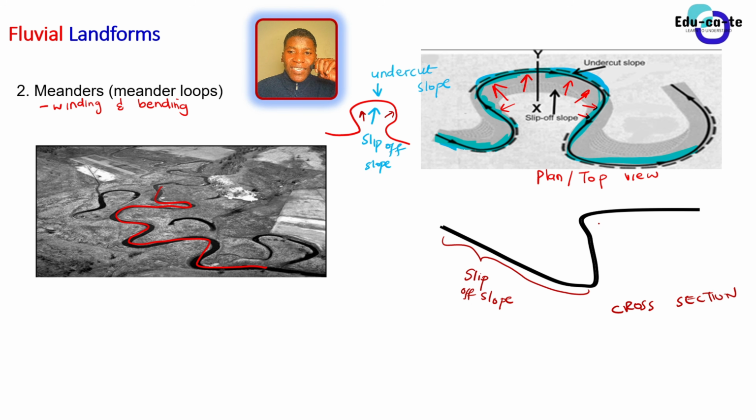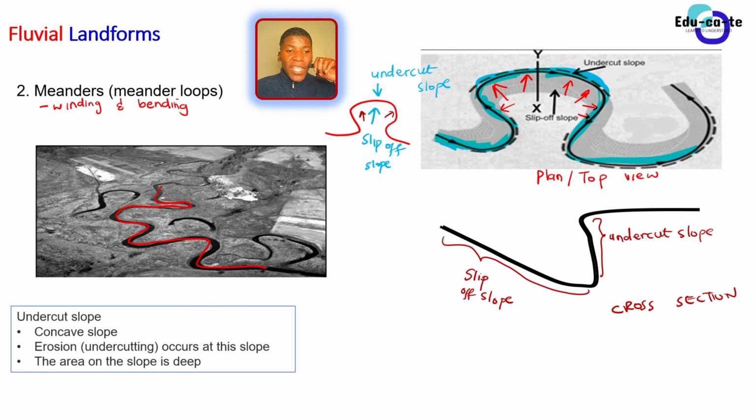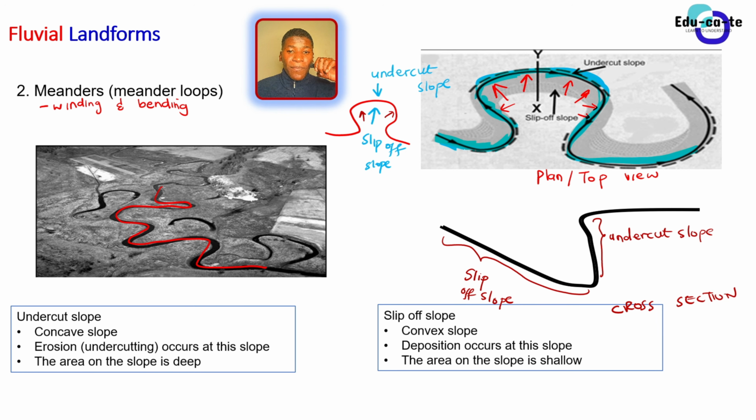And then this other slope on this other side is known as an undercut slope. So this is the undercut slope. So you must be able to identify it even using this other diagram, because it's not the same as the top view and the plan view. So we need to know the characteristics of each and every slope there. We have an undercut slope, we have a slip-off slope, of course.